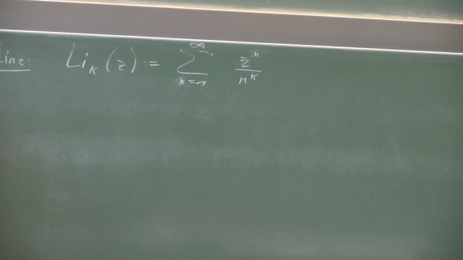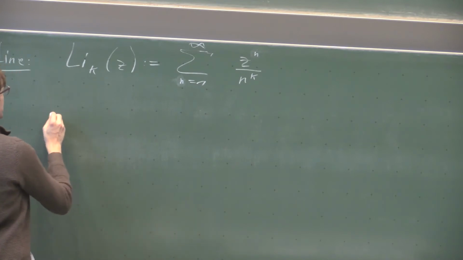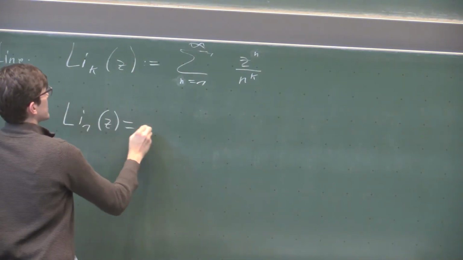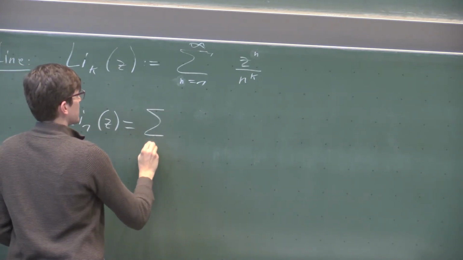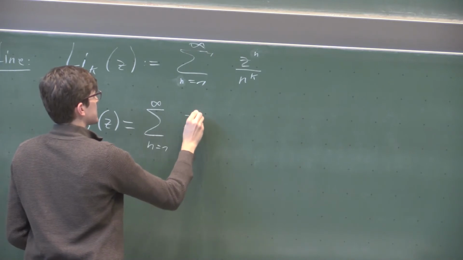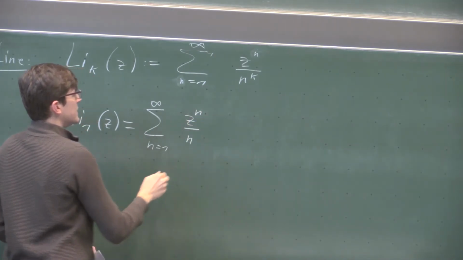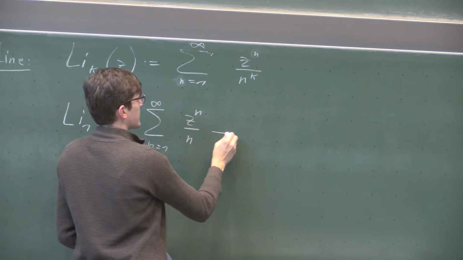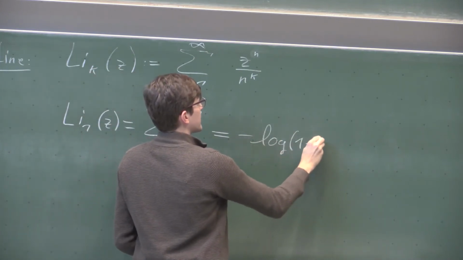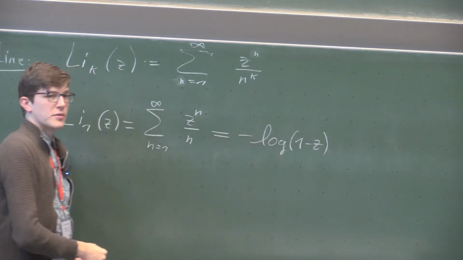Which gives you, for example, if you evaluate z at 1, the Riemann zeta values that have already been mentioned. So in particular, we have Li_1 of z, which is just the sum of z to the n over n. And you might recognize this is nothing but a slight rewrite of the logarithm. Right? This is the Taylor expansion of the logarithm.